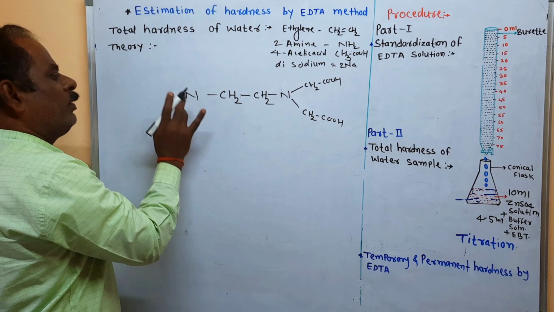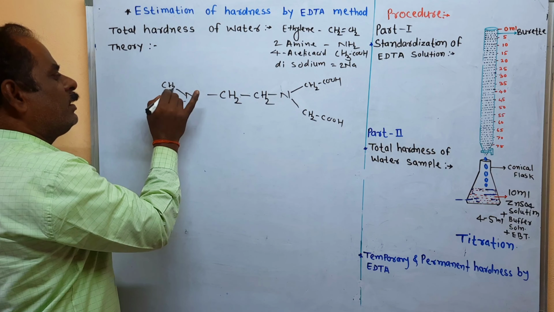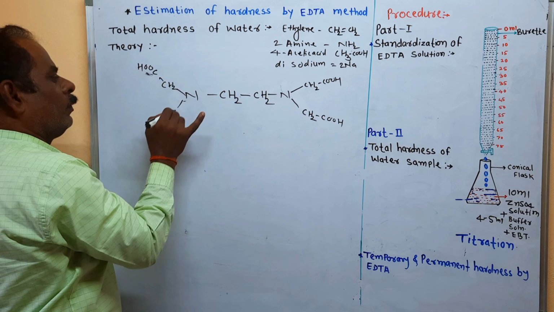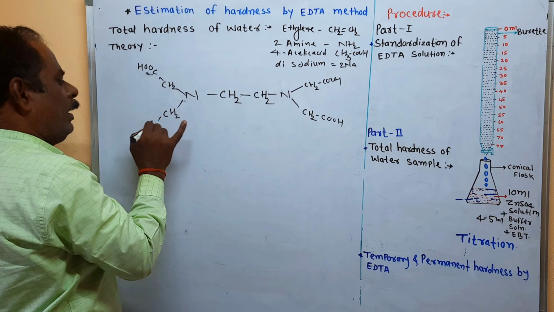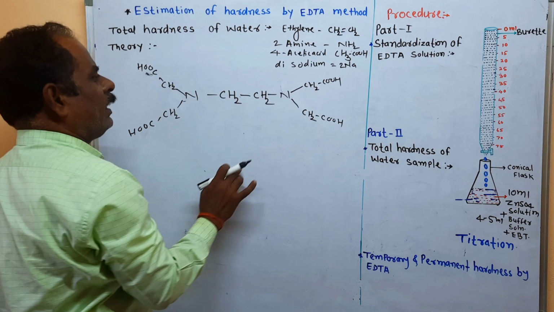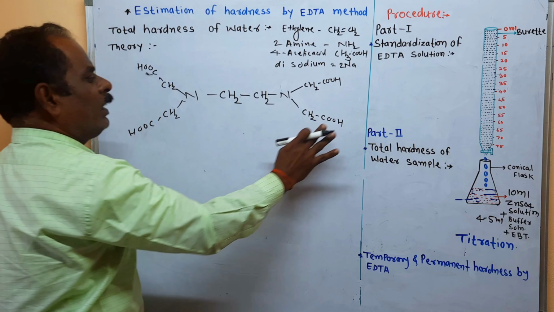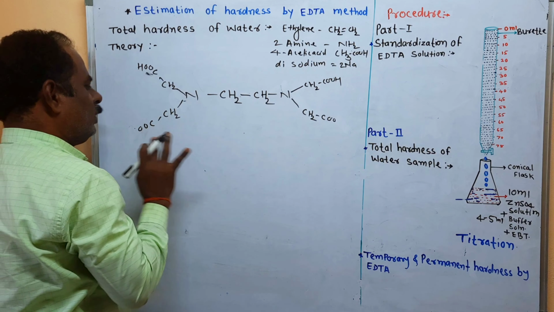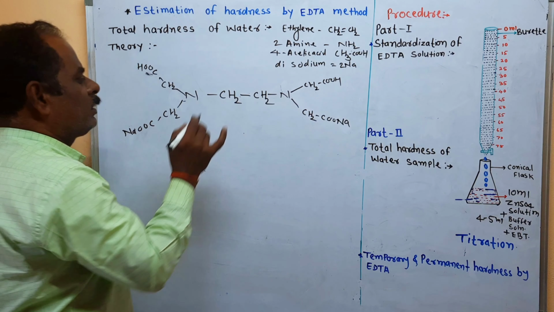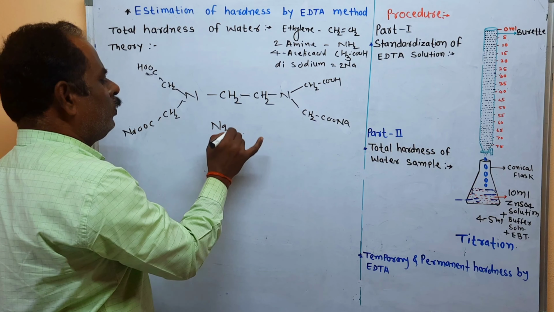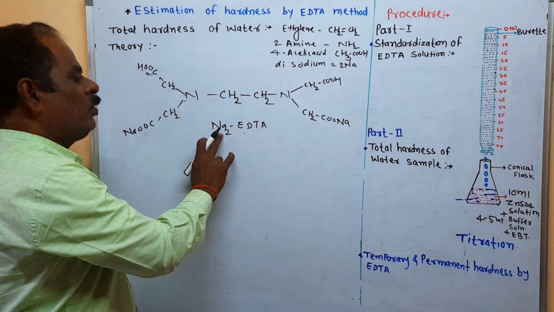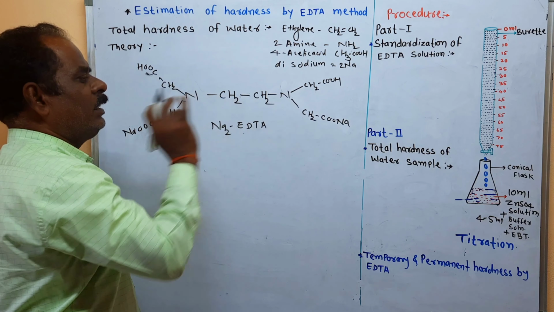Here also the 2 hydrogen atoms are replaced by 2 acetic acid groups. This is the structure of ethylene diamine tetraacetic acid, but it contains disodium. Therefore, 2 hydrogen atoms of the acetic acid groups are replaced by 2 sodium atoms. Then we get the structure of Na2 EDTA, disodium ethylene diamine tetraacetic acid.